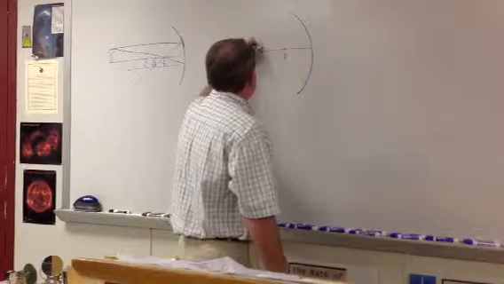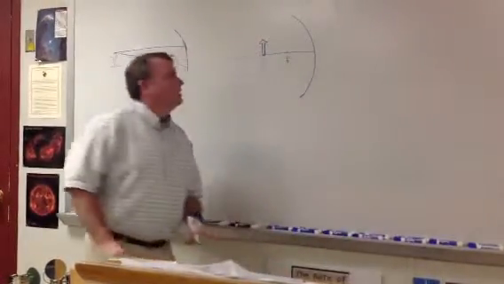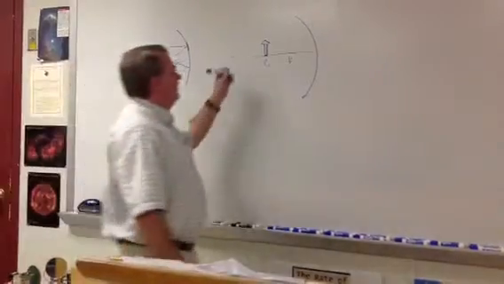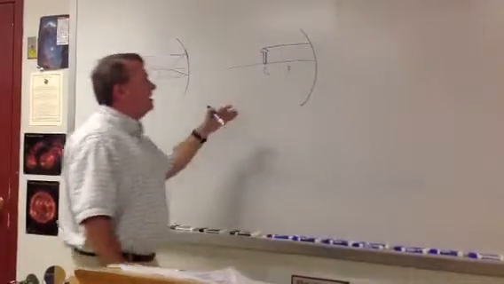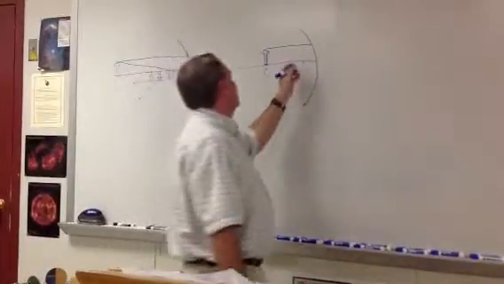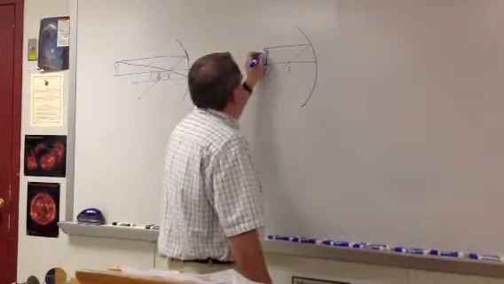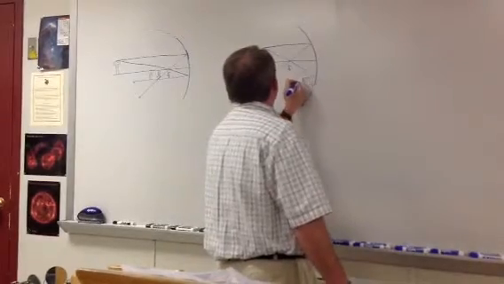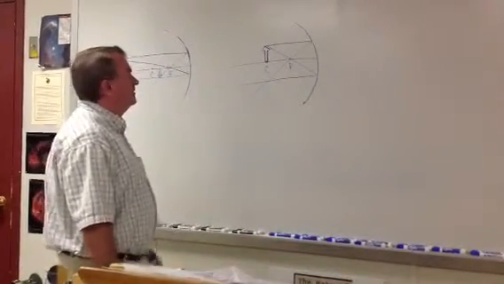Now the object is going to be located at the center. Using the two ray tracing rules: if an incident beam of light strikes the surface of the mirror and it is parallel to the primary axis, it's going to pass through the focal point. If a beam of light passes through the focal point, it's going to come out parallel to the primary axis.